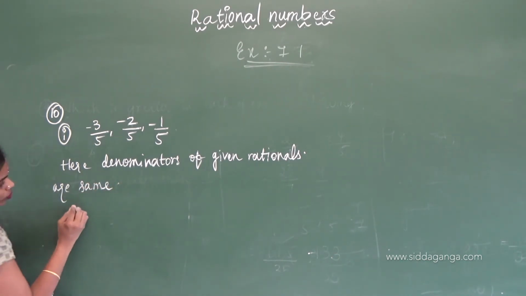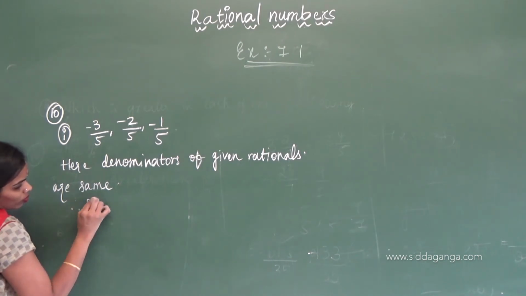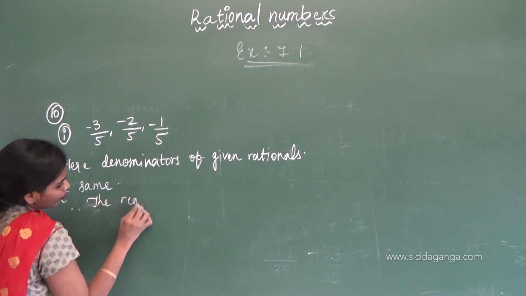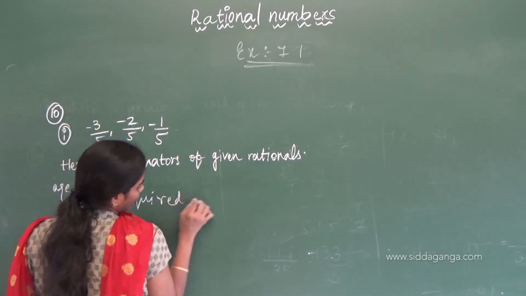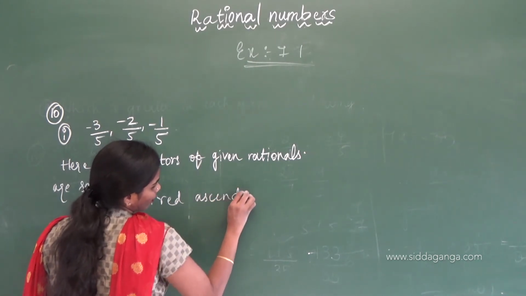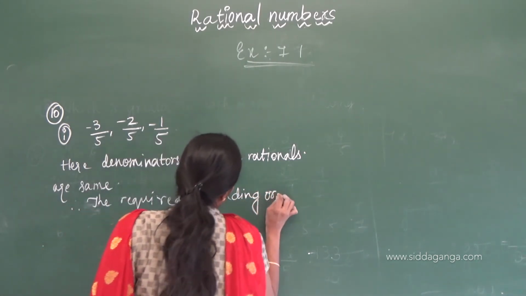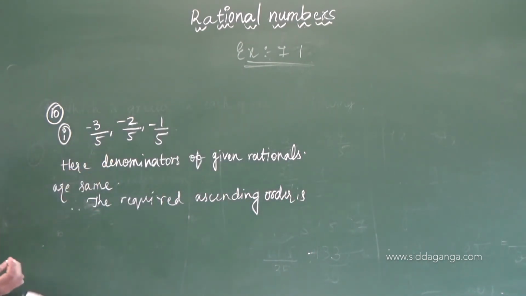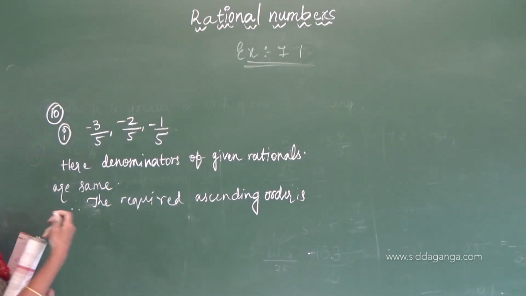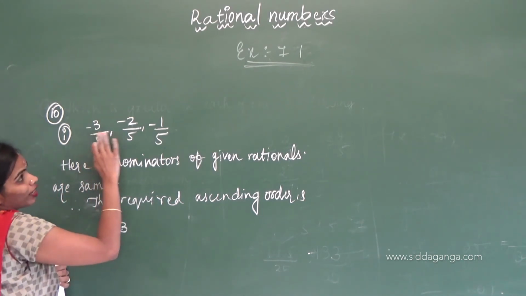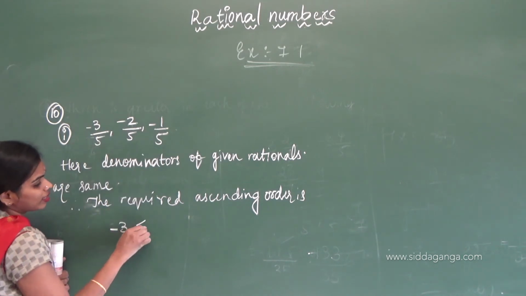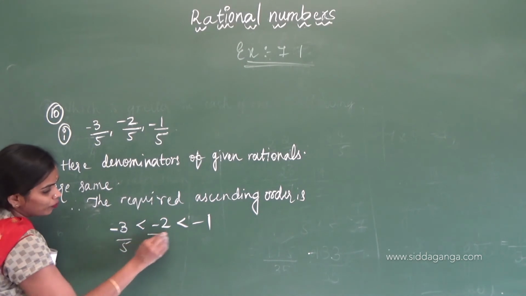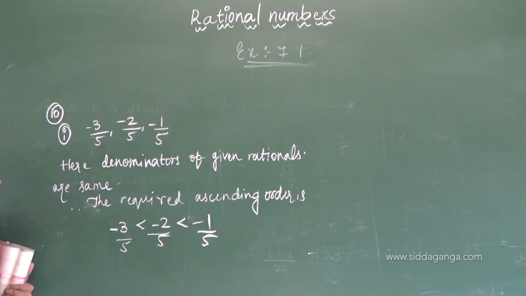Therefore, the required ascending order is -3 is less than -2 is less than -1, correct? Just I am adding the denominator 5 here.